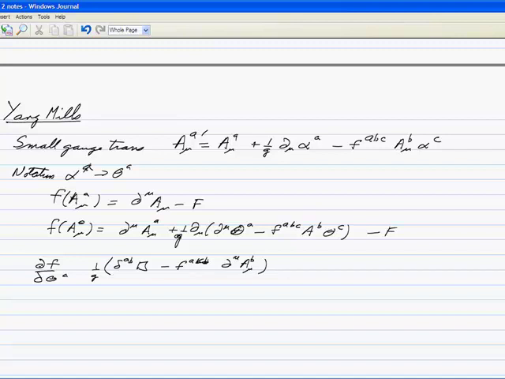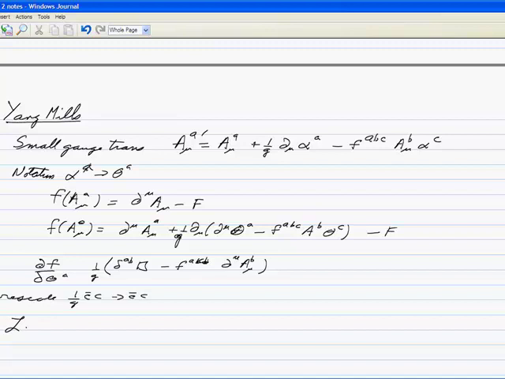Okay. So if we write the ghost Lagrangian, in doing this, I'm going to rescale 1 over G C bar C to just C bar C, just the normalization changes a little bit.